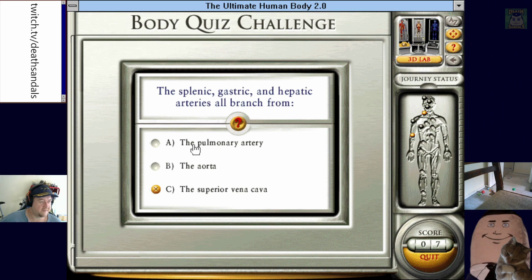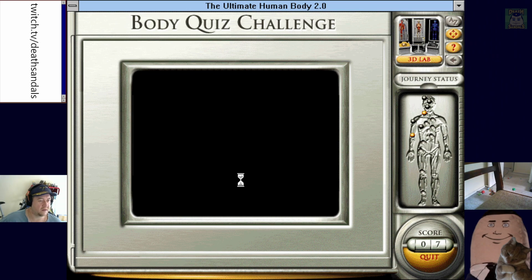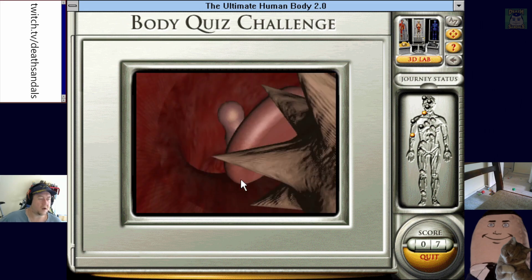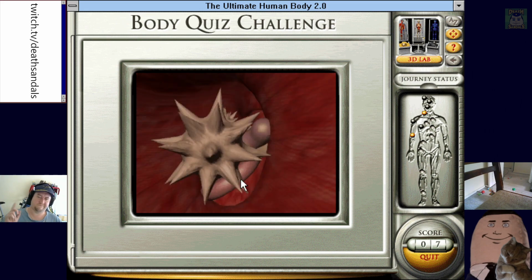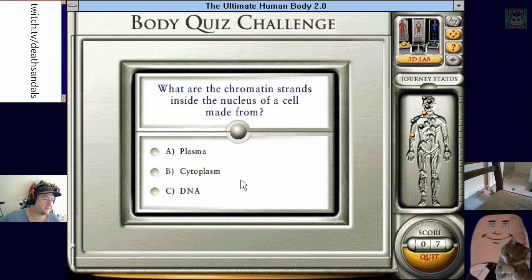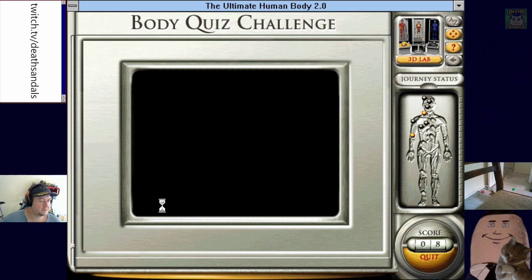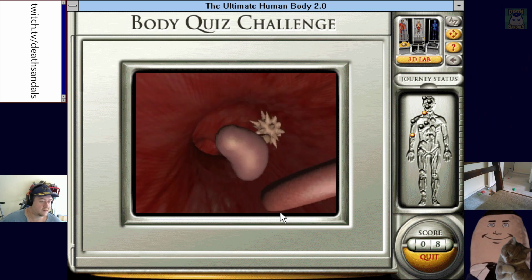No, not the vena cava. Pulmonary? No, the aorta. Oh, maybe it's relevant. No, I have no idea. Hopefully we're going to learn some stuff, because I'm not doing very well on this quiz. What are the chromatin strands inside the nucleus of a cell made from? Plasma? DNA. Okay.